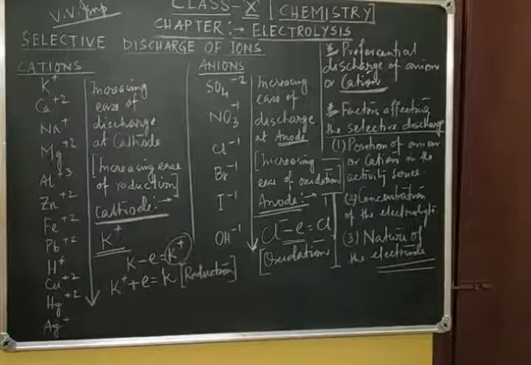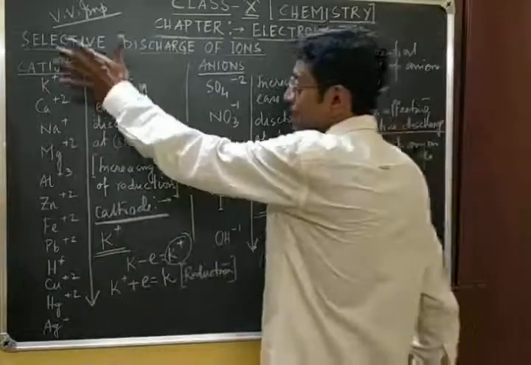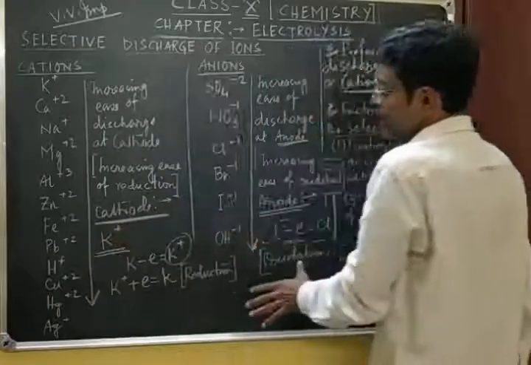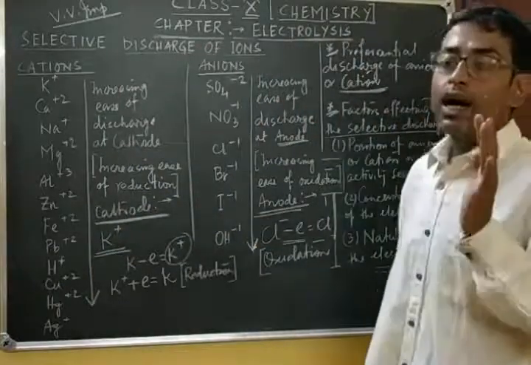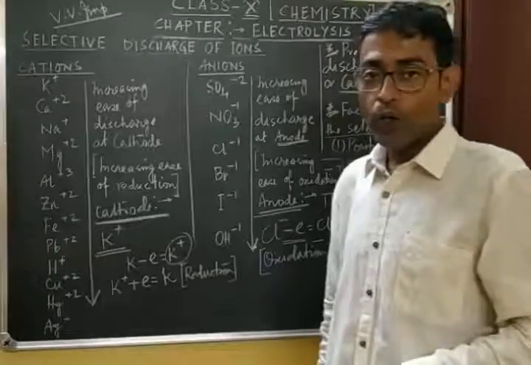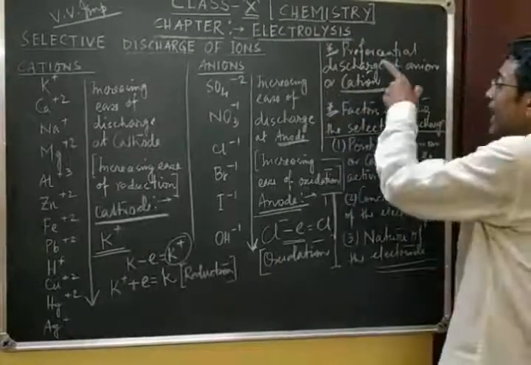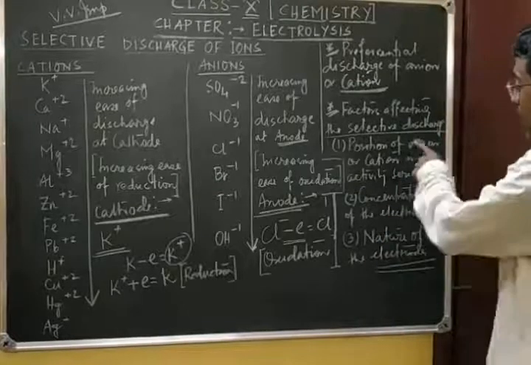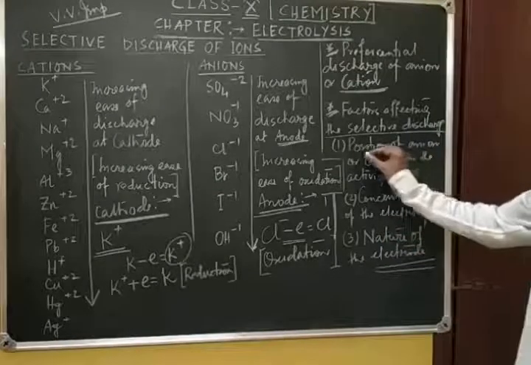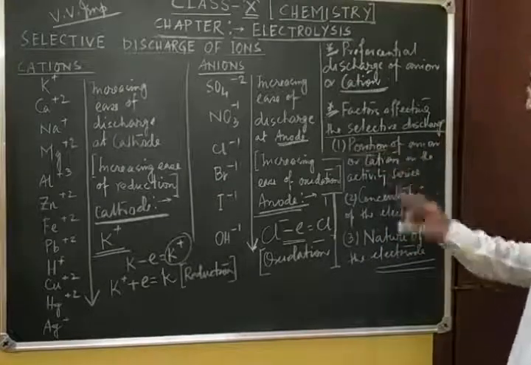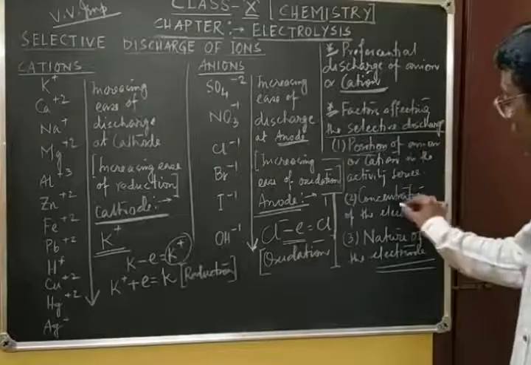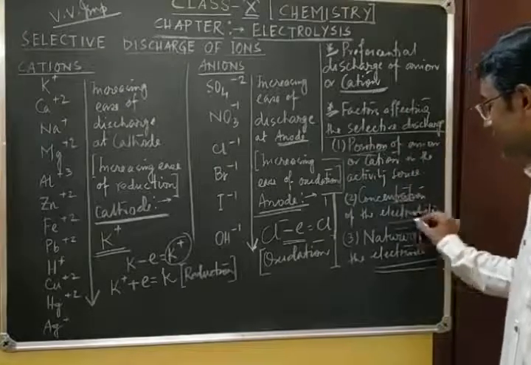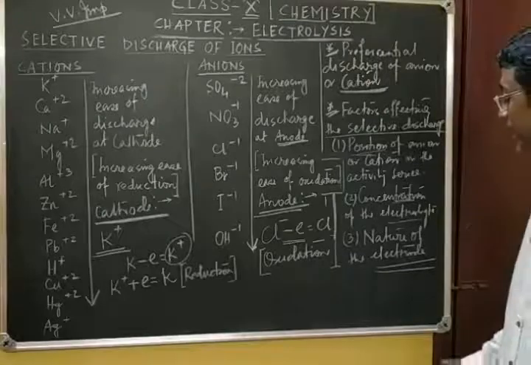For preferential discharge, you have to remember this series. The ions which are present below will be liberated first, and preferential discharge depends on the following factors. Number 1, position of the anion or cation in the activity series. Number 2, concentration of the electrolyte. And number 3, nature of the electrode.